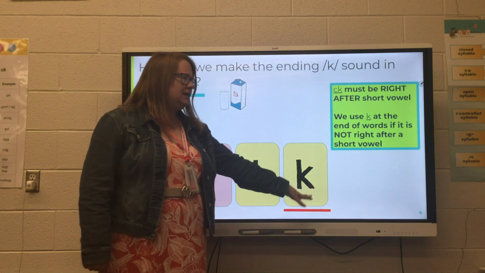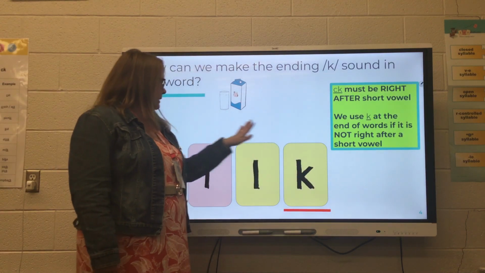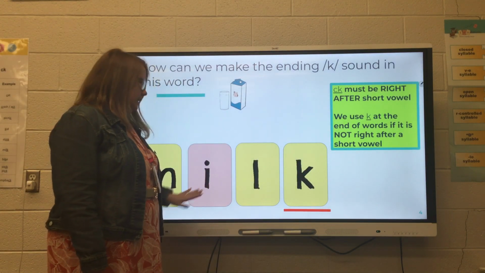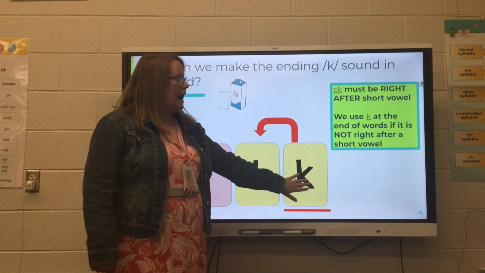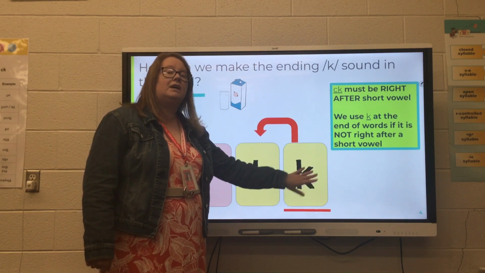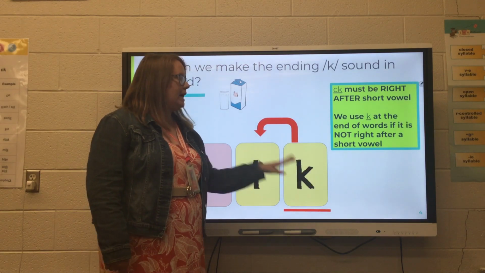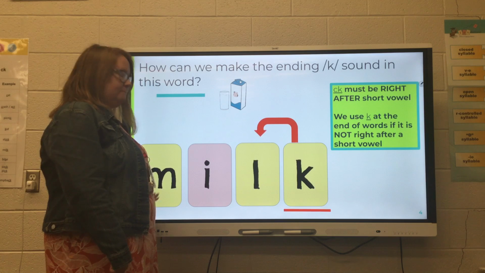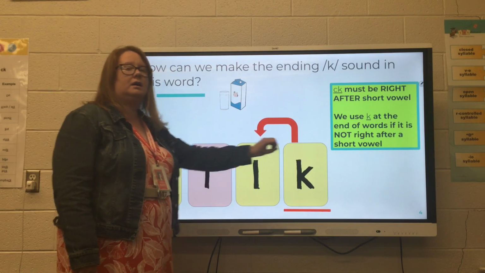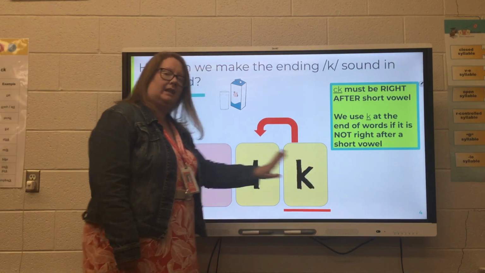Well, here's my k sound, but my short vowel is way over here. We use K at the end of words if the k sound is not right after a short vowel. So since we have l, k, we use a K spelling.